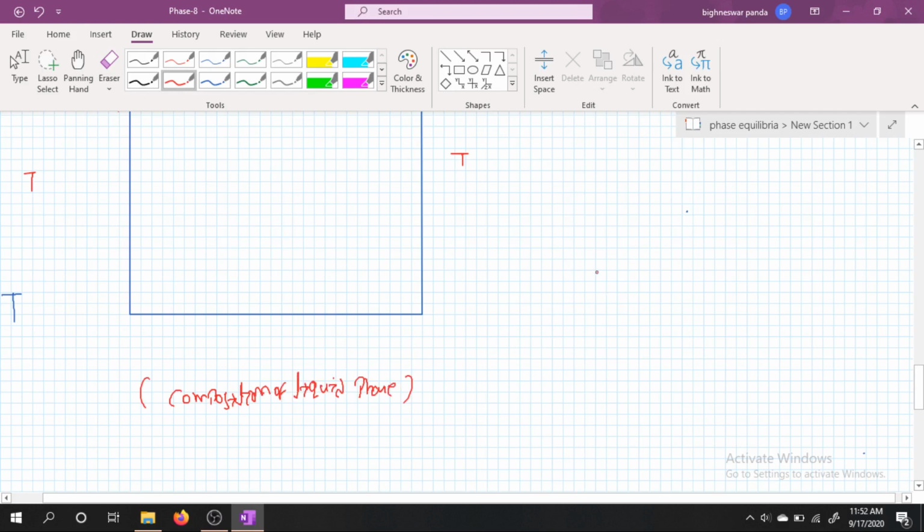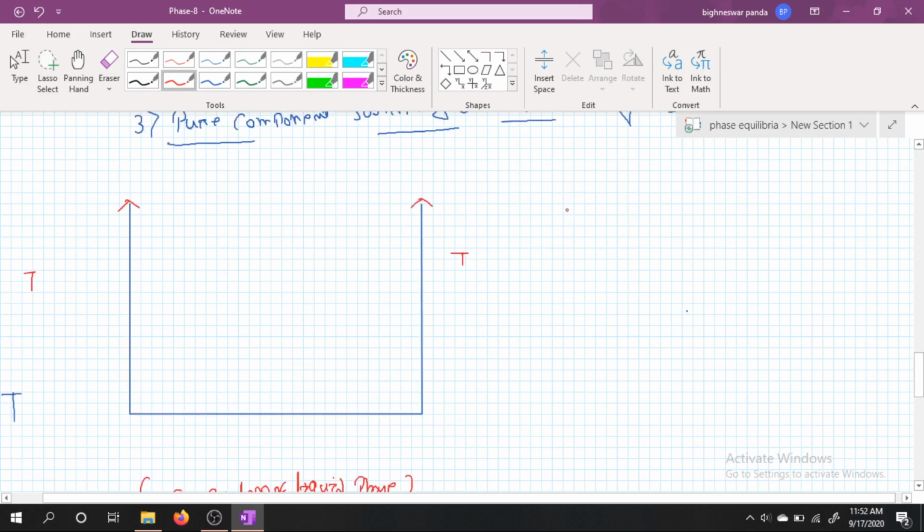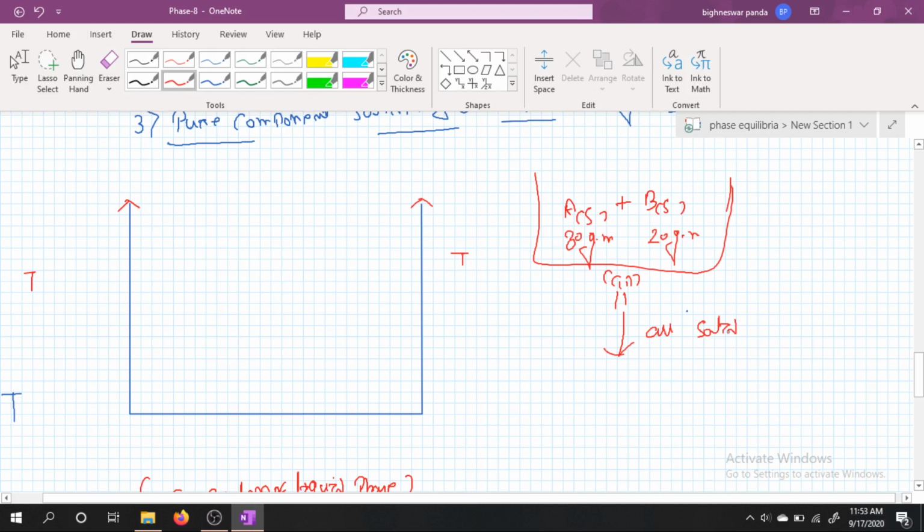What we are doing here, consider two components, that is A solid, B solid, and consider we have taken A solid as 80 gram, B solid as 20 gram. This is the system, and this system we are heating till all solid melt to form a homogeneous liquid.